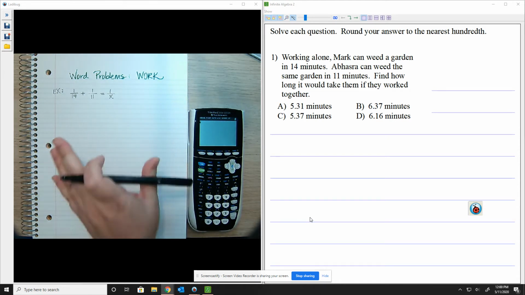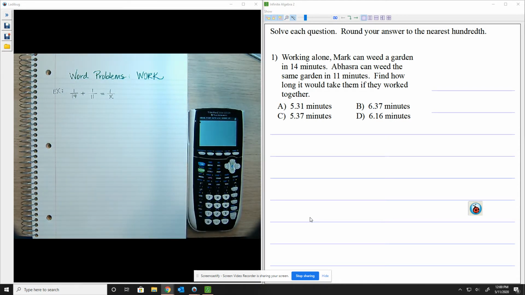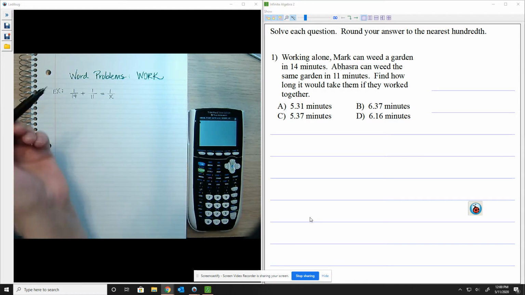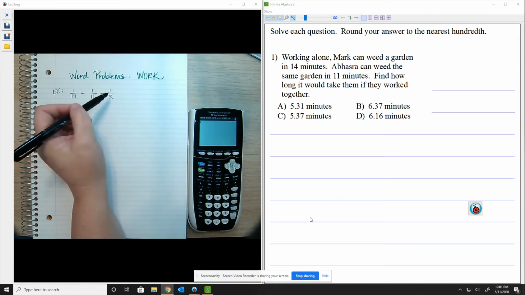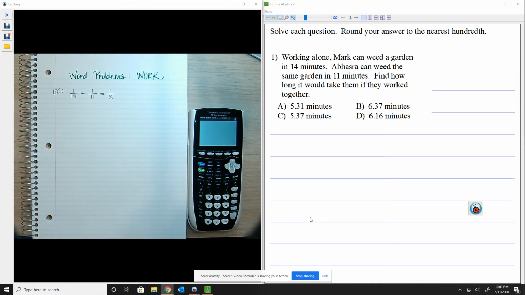So this is how you're going to set up each problem. Because you have to realize when they're working together, they're working at their speed, and their speed is a little bit different for each of them. So this is going to be the speed of them working together, which is then, once we solve it, going to tell us how much time it's going to take them.